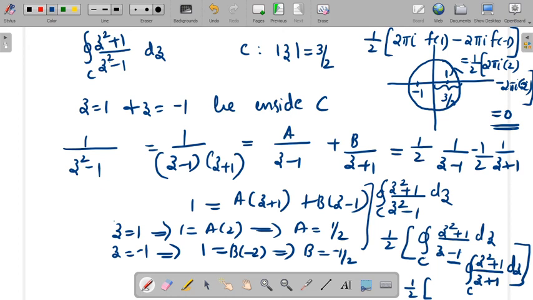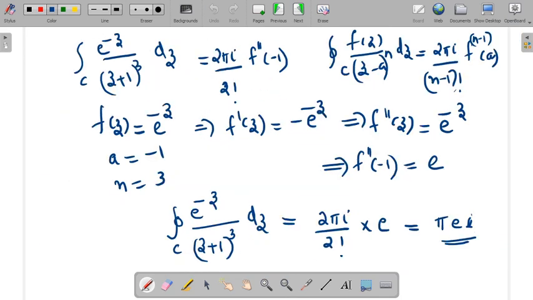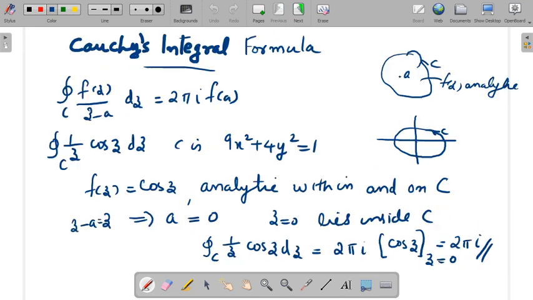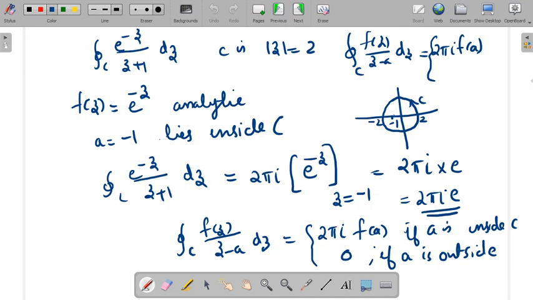So these are the cases that may appear to apply Cauchy's integral formula. So if the points where the function is not analytic are outside C, the integral will be equal to 0. If it is inside C, then the integral will be equal to 2 pi I into f of a.